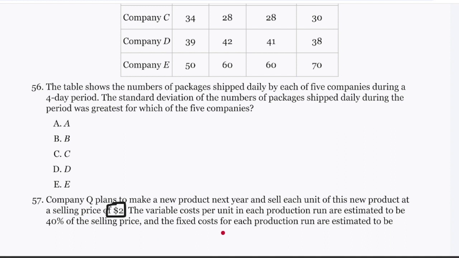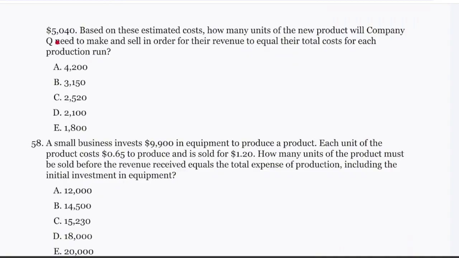The variable costs per unit in each production run are estimated to be 40% of the selling price, and the fixed cost for each production run is estimated to be 5040. Based on this, how many units of the new product will company Q need to make and sell in order for their revenue to equal their total cost for each production run?